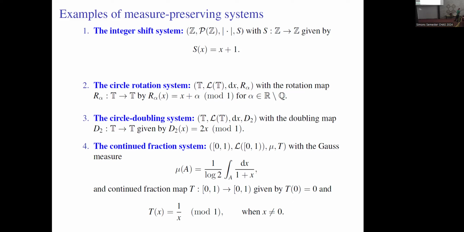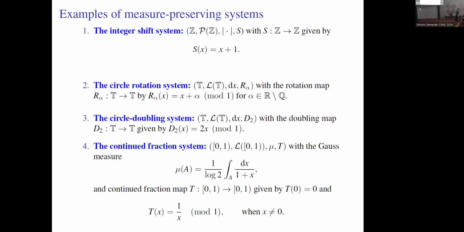The nice feature is that if we take a number in the unit interval and consider its continued fraction expansion, then the nth digit can be seen as the (n minus 1)th iteration of T applied to x. So the digits in the continued fraction expansion can be seen in the dynamics of the number from the unit interval.